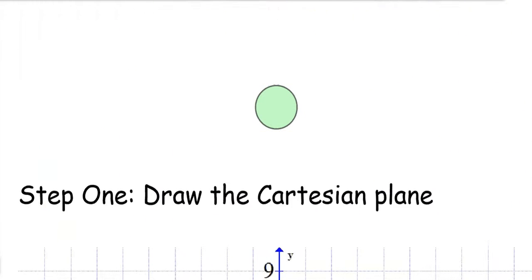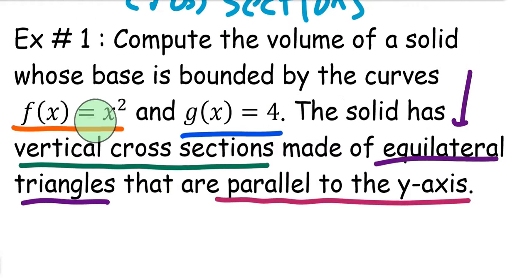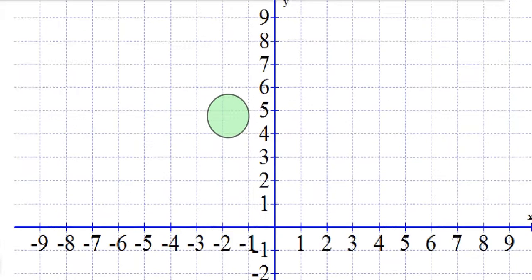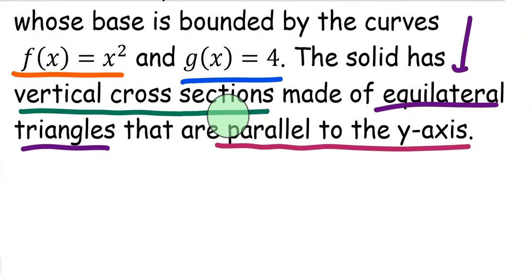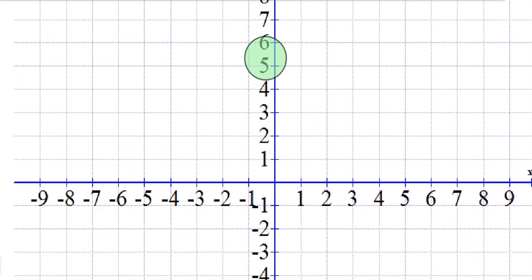So we are going to sketch these two graphs, f of x equals x squared and g of x equals 4. Now, you can see that they're going to cross whenever they equal each other, when x squared equals 4. So they're going to cross at 2 and negative 2. This one's not really too hard to sketch. I'm going to sketch f of x first.